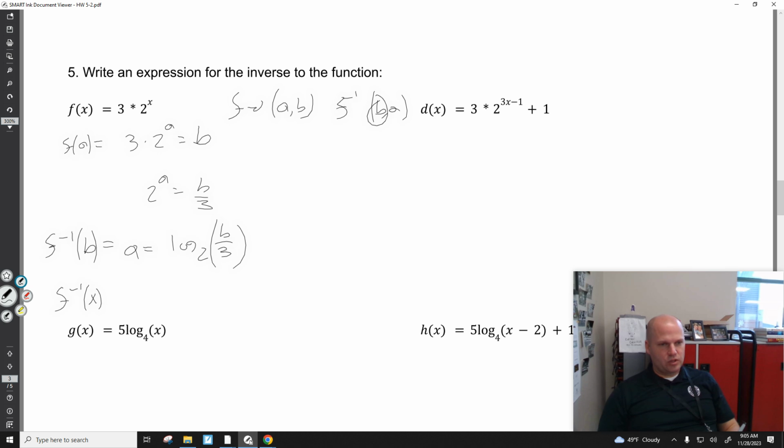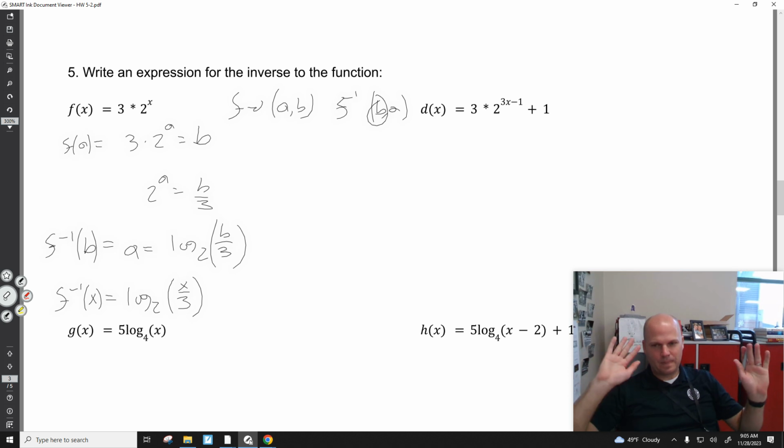Some people would say, though we don't want to be confused, but I think this is what you're going to maybe see on your test, that F inverse of X is log base 2 of X over 3, but it's really like X's aren't X's, X's are actually Y's. Like this is an X, this is a Y, this is a Y, this is an X. It's confusing.